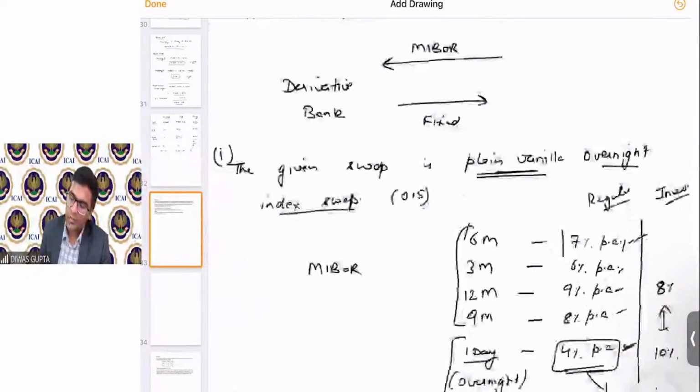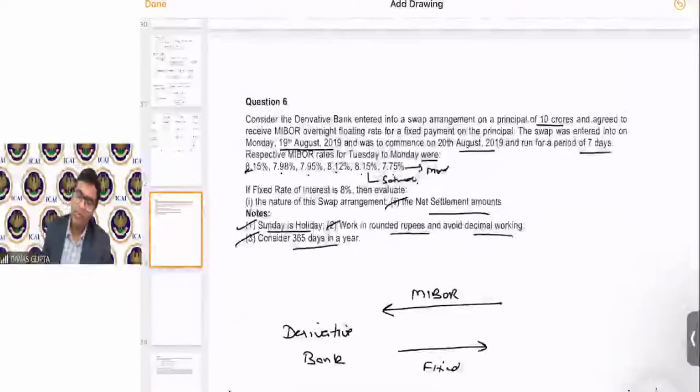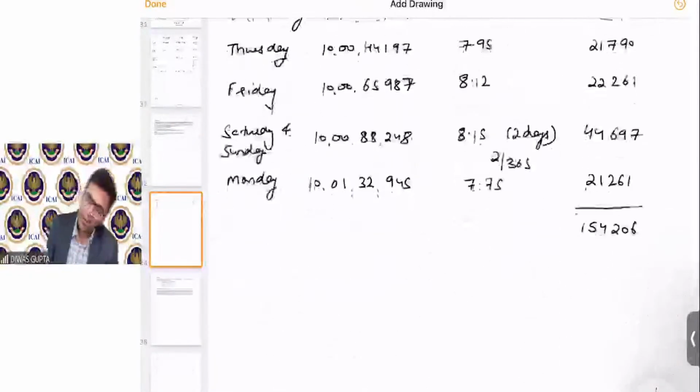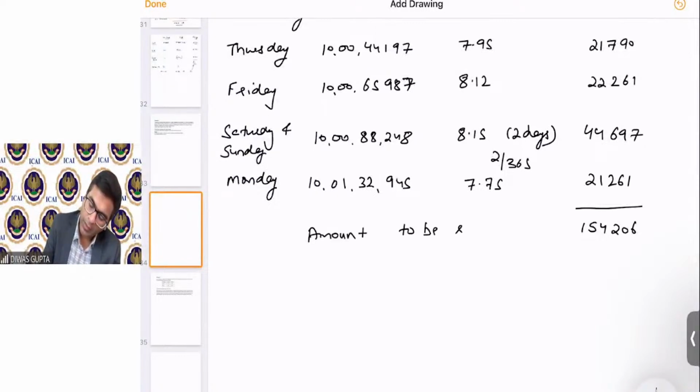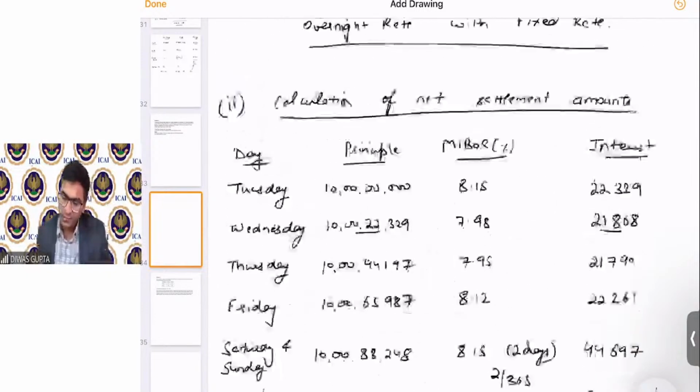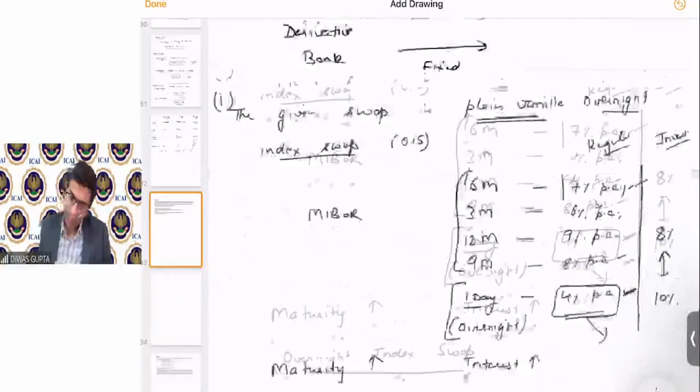Yes, so this has to be received, sorry. 10 crores and agreed to receive MIBOR overnight floating rate for a fixed payment amount to be received. Now, we will have to also calculate the fixed amount to be paid. This will be 10 crores into 7%. Sorry, fixed was 8%, no? Not 7%, it is 8%, yes.